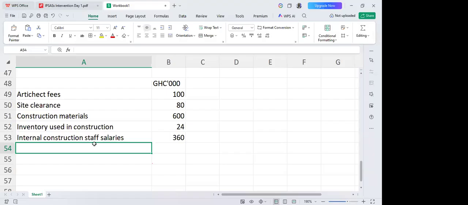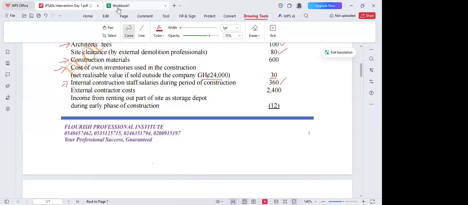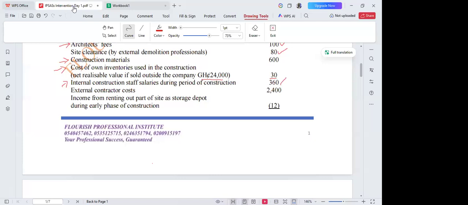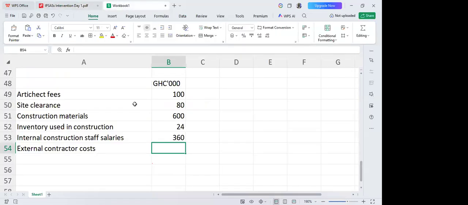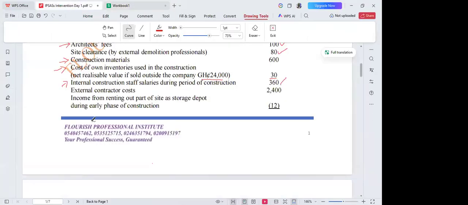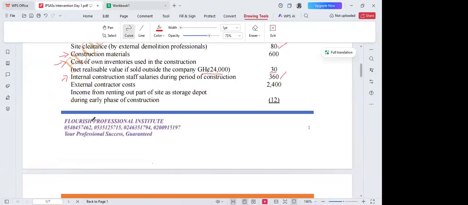So it's also a directly attributable cost to your construction, the labor cost. So you also consider that. So that's 2,400.